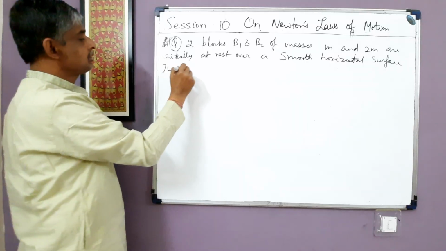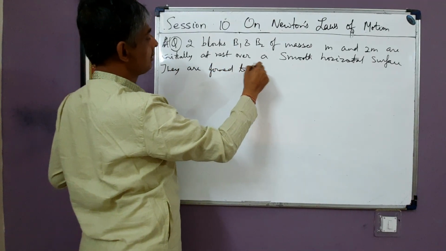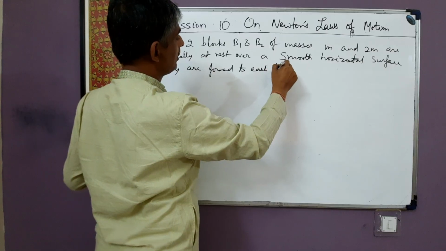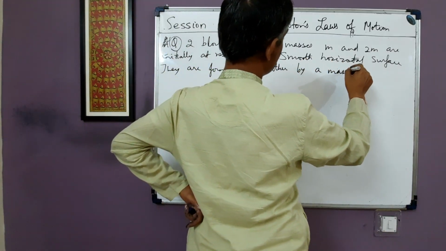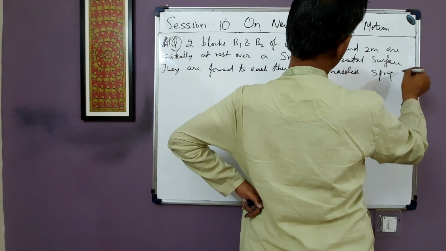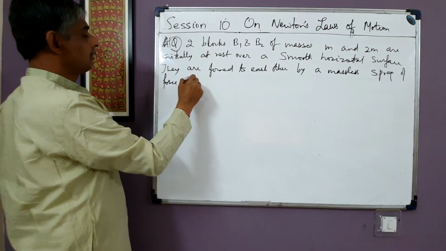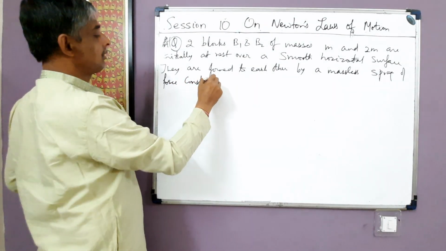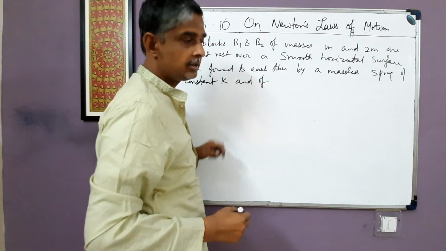They are joined to each other by a massless spring of force constant K and of natural length L.